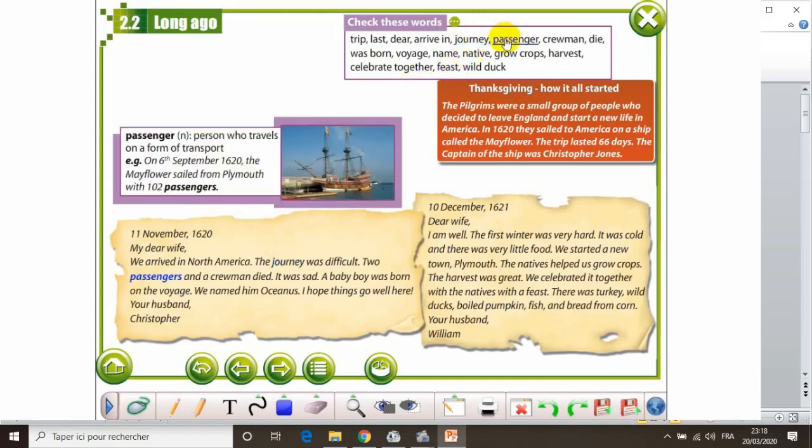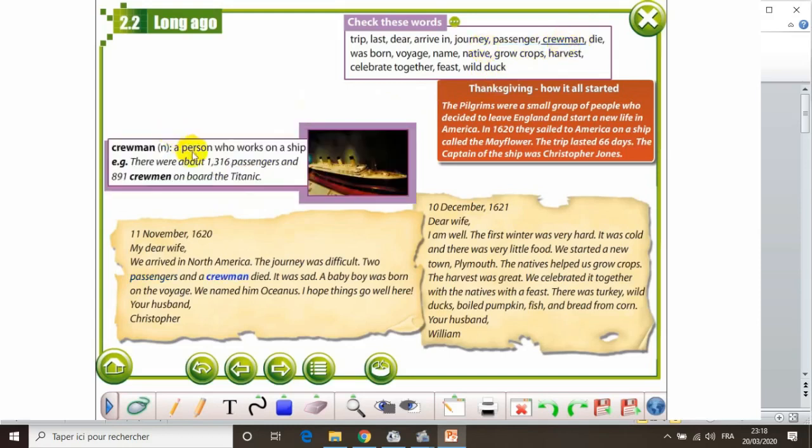Passenger. Person who travels on a form of transport. On 6th September 1620, the Mayflower sailed from Plymouth with 102 passengers. For example, if you take the train or you take the plane to travel, you are a passenger. When you are inside the train or inside the plane, you are a passenger. Crewman.